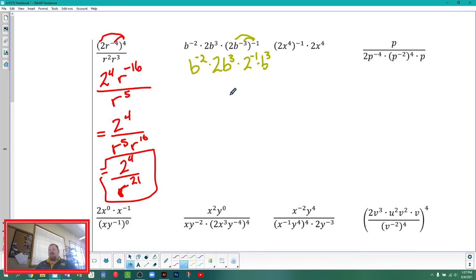And instead of dropping things, maybe I just use my product rule. This one, on numbers wise, I have 2 to the 1st power times 2 to the negative 1st power. So I have 2 to the 1 plus negative 1, and then b to the negative 2 plus 3 power.